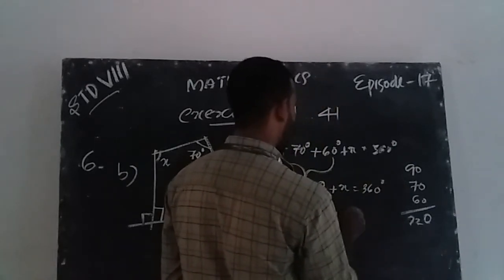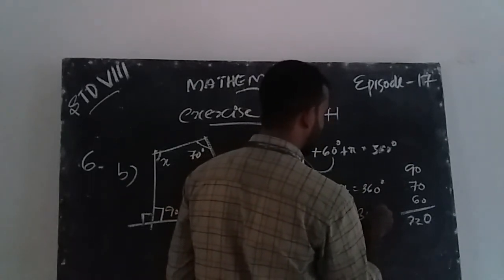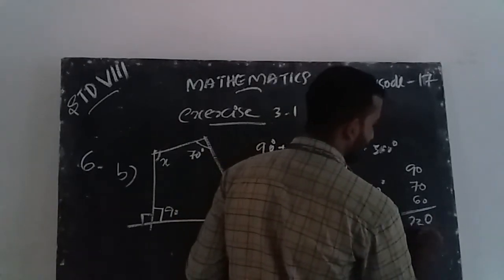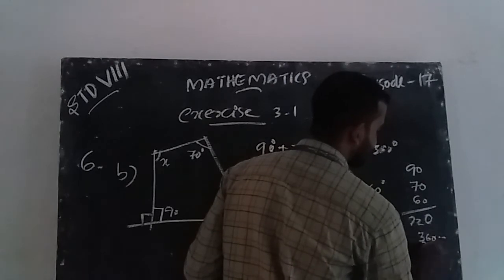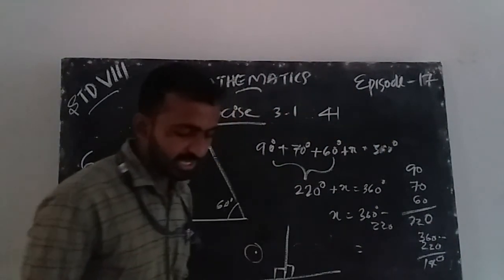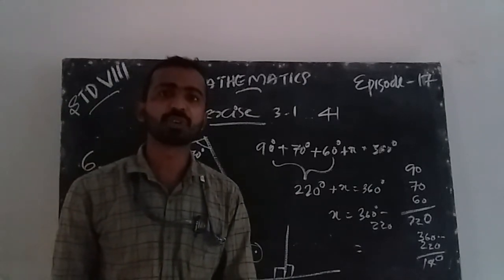Next x equal to 360 degree minus 220 degree, that is 140 degree.